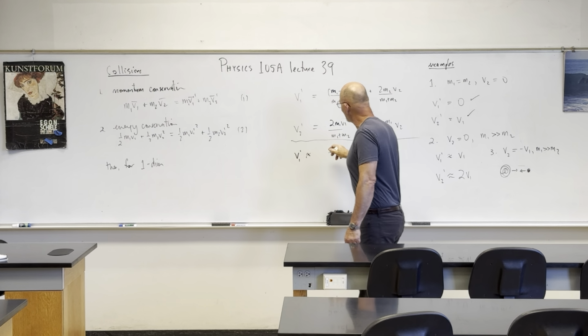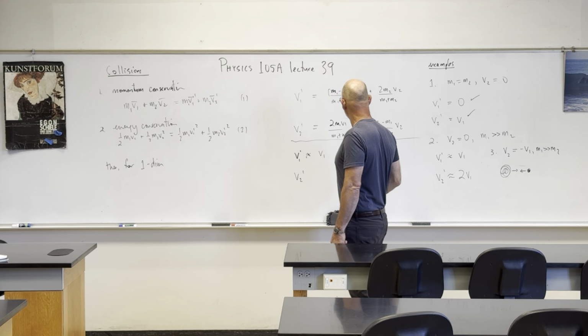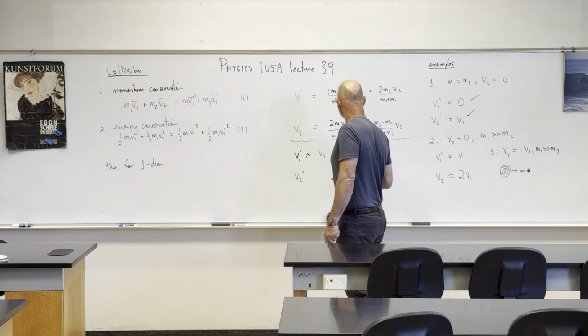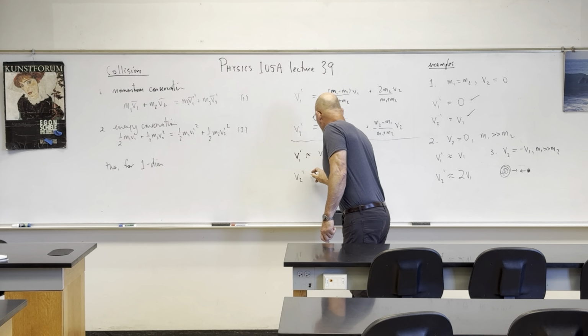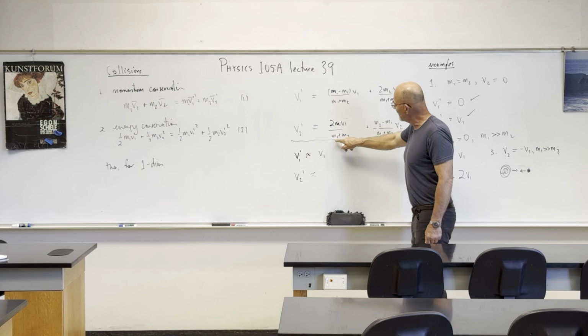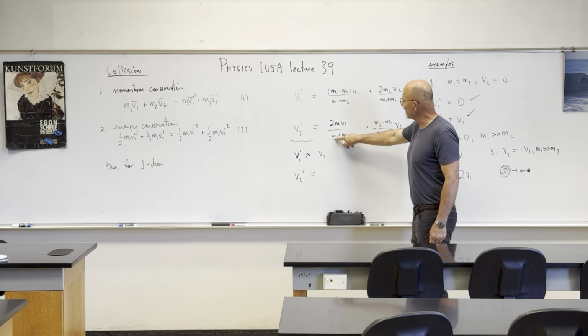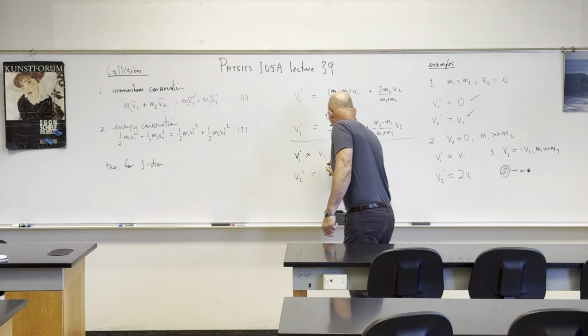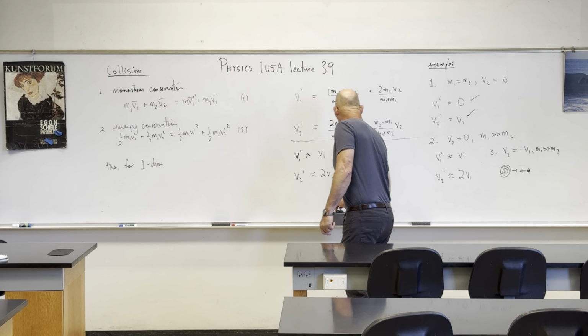We're going to have V2 prime. Yeah, this is good. So V2 prime, we're doing approximation again. Same thing as before, we get 2M and M down there. So it's approximately 2V1.